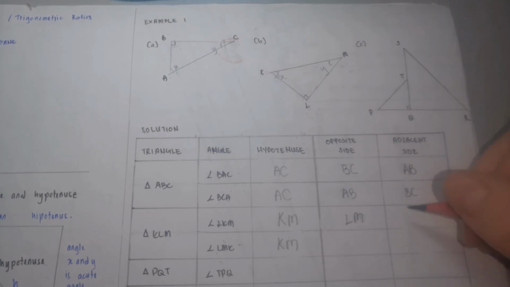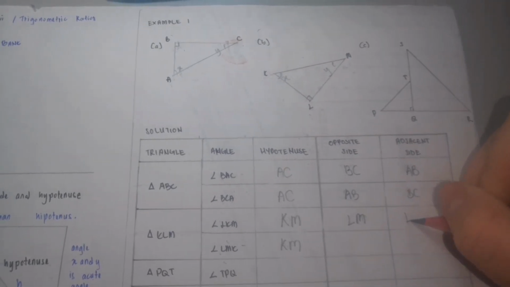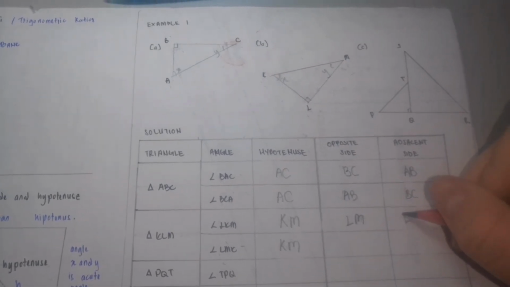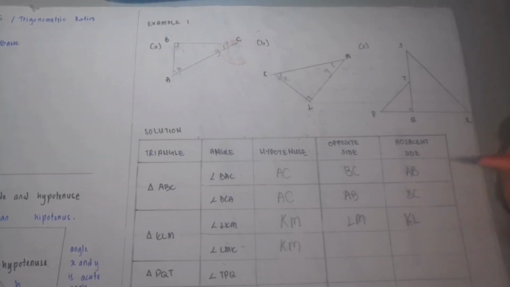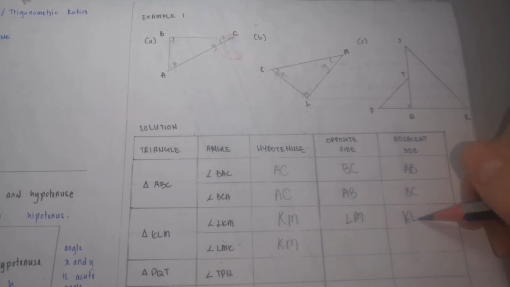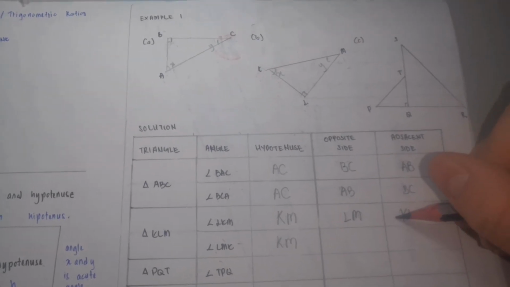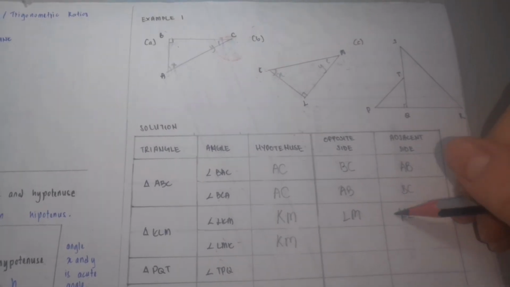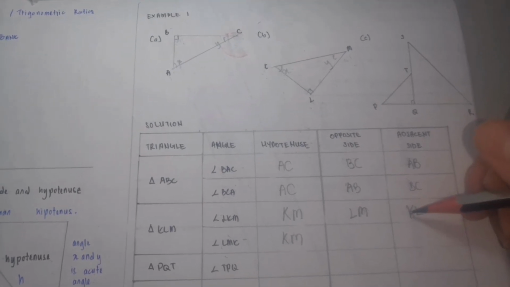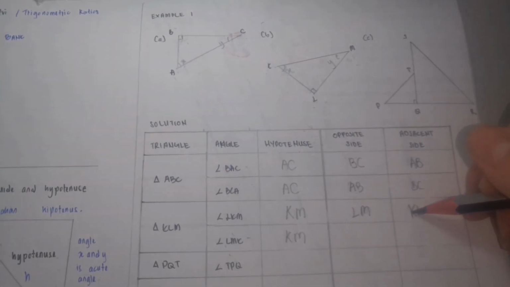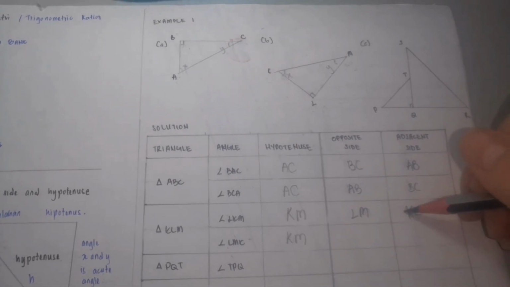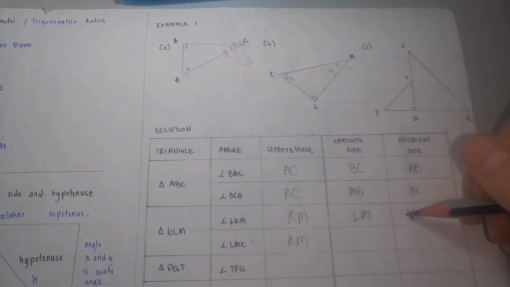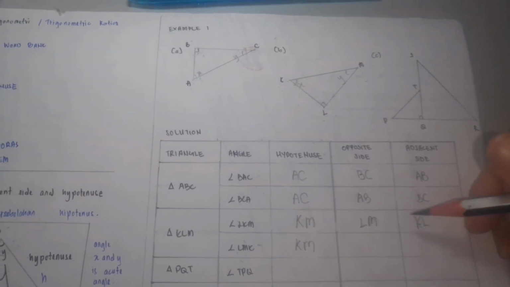KL is the adjacent side. You can also write this as LK, as the sequence of the letters does not really matter.